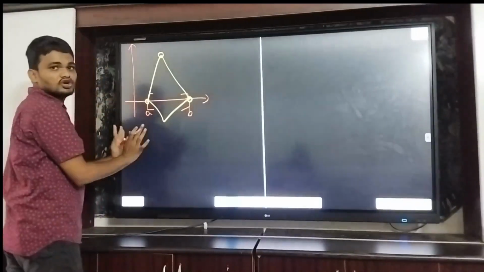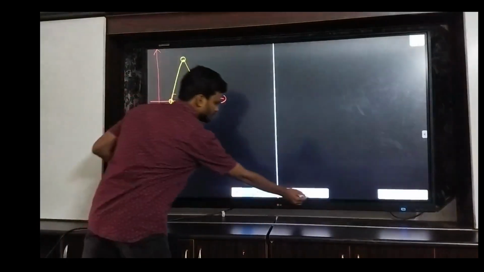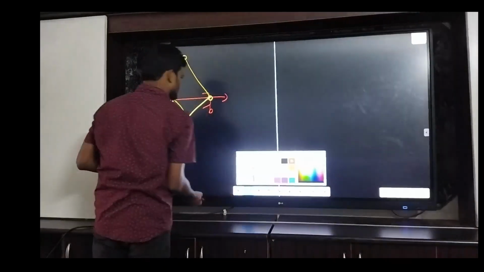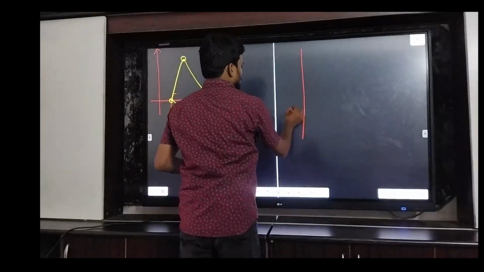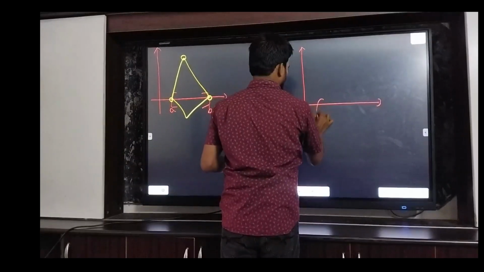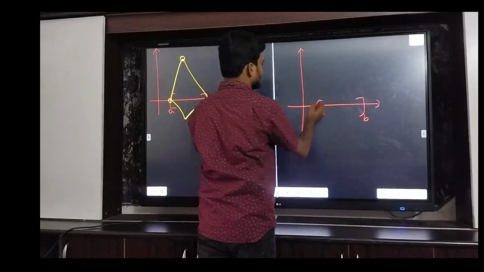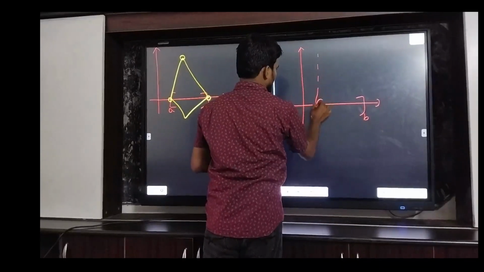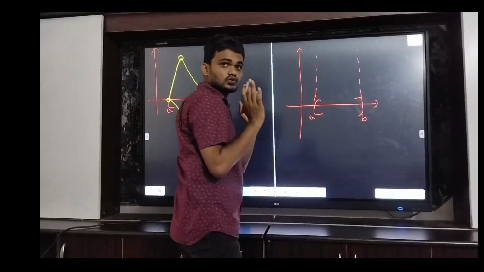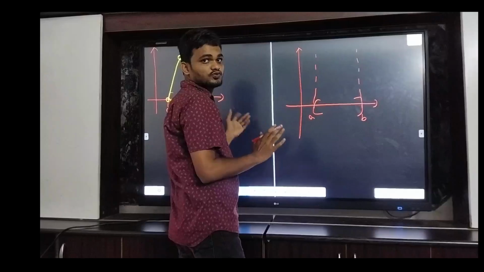The graph should be continuous, like this. The important thing is we can take it like this. If it is not differentiable at the endpoint, it is also acceptable as per the hypothesis of Rolle's theorem.